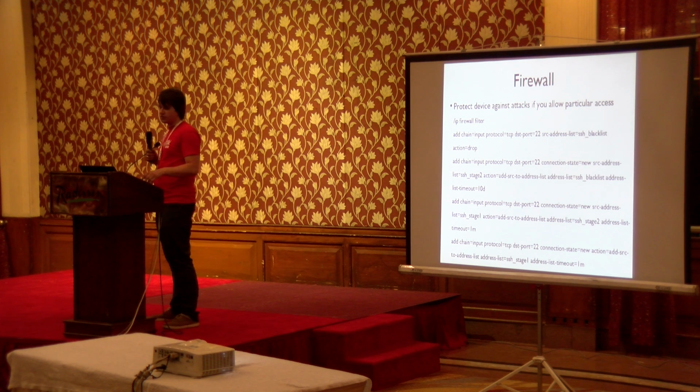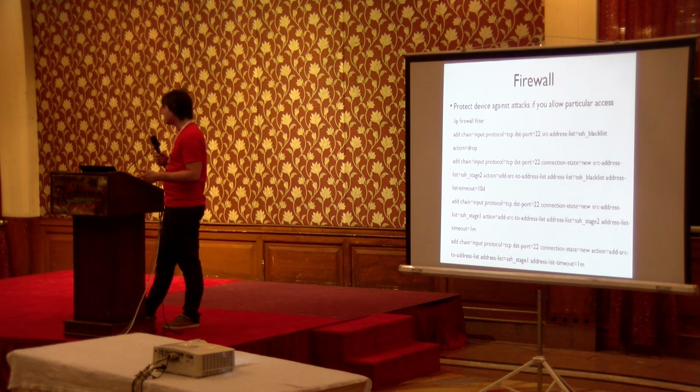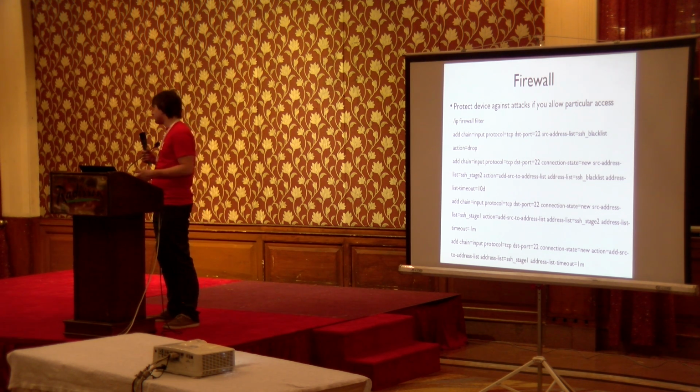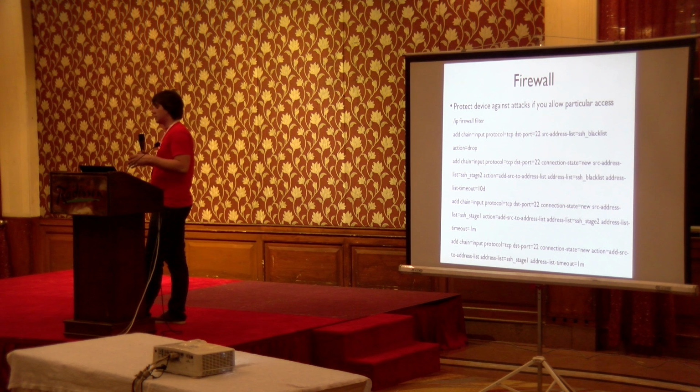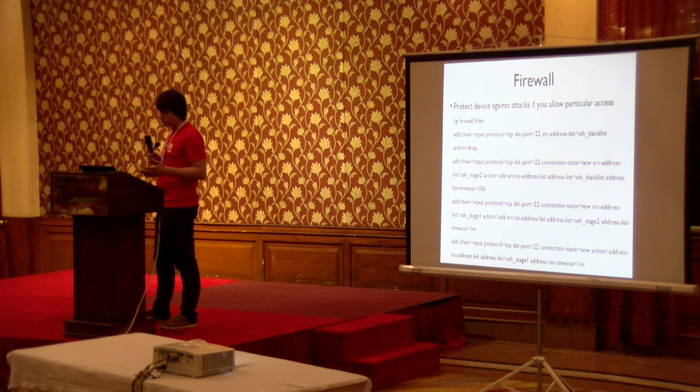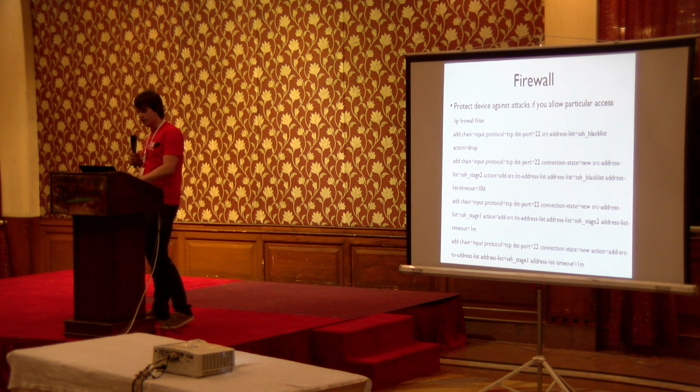If the same IP address makes a second attempt and it's also unsuccessful, the IP address will be added to the second stage, and when a third connection is tried, the IP address will be blocked for 7 days. So you can be sure that nobody will be able to try more than 3 attempts to hack your router.